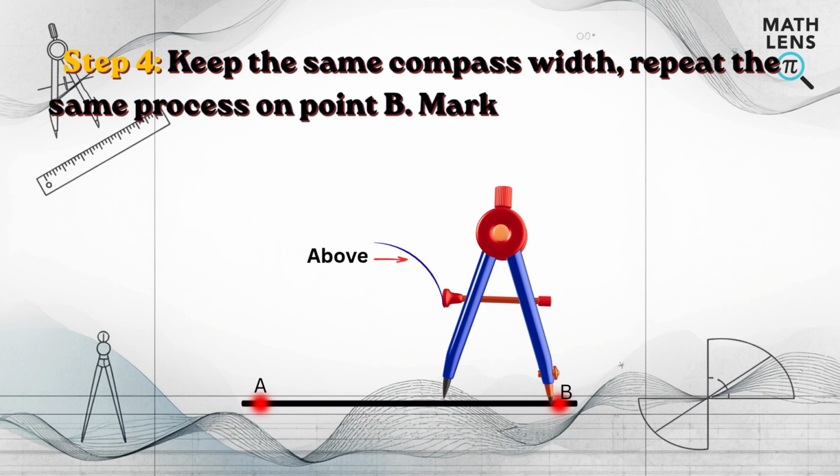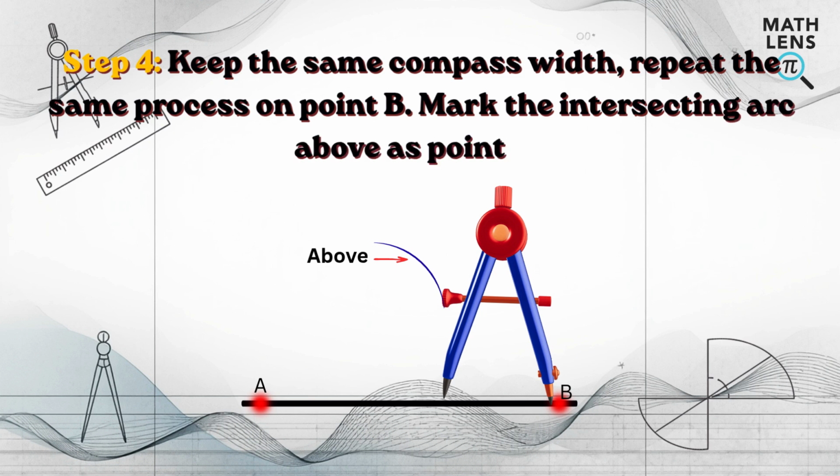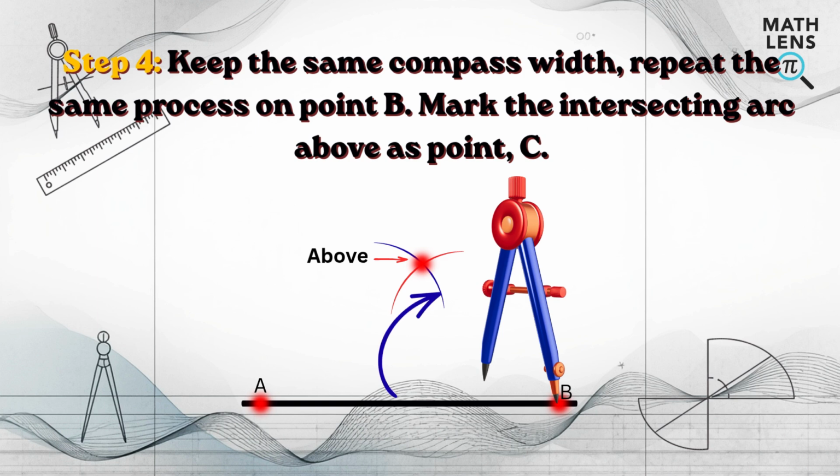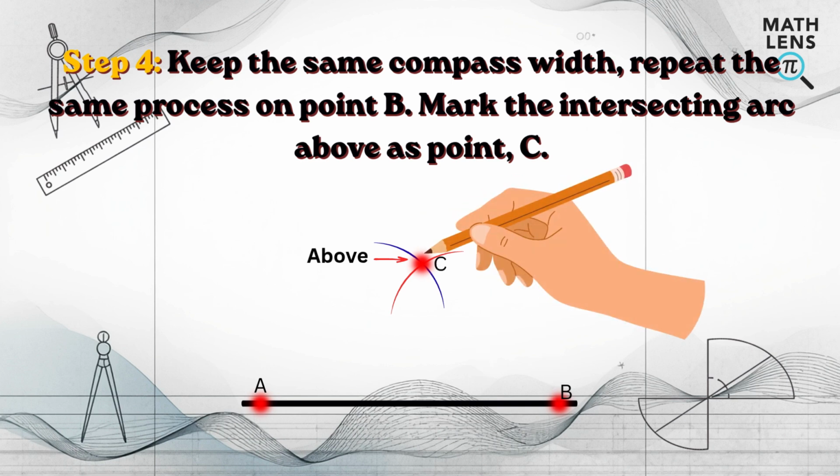With this compass width, repeat the process at point B. Swing an arc above the line, just as you did earlier. The key here is consistency. Keeping the same distance ensures our figure remains precise and symmetrical. Once you've drawn this arc, you'll notice it intersects with the arc you drew from point A. This intersection above the line is what we'll refer to as point C. Mark it clearly, as it becomes an essential part of our construction.